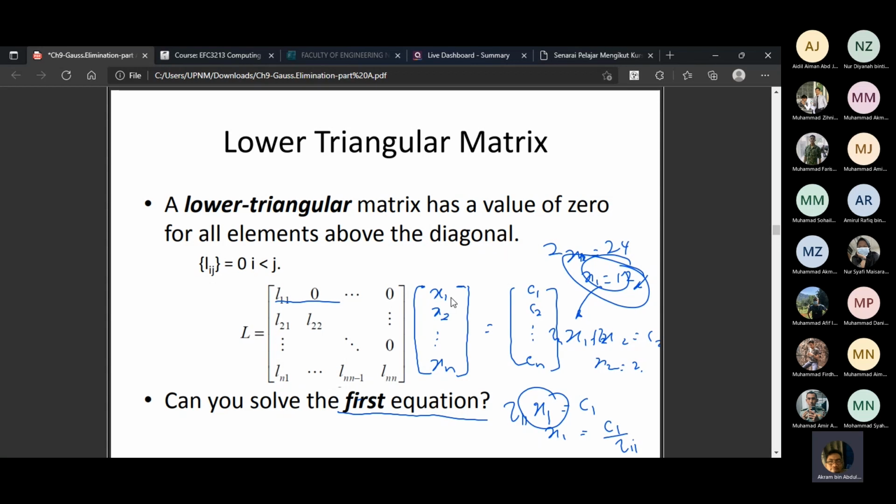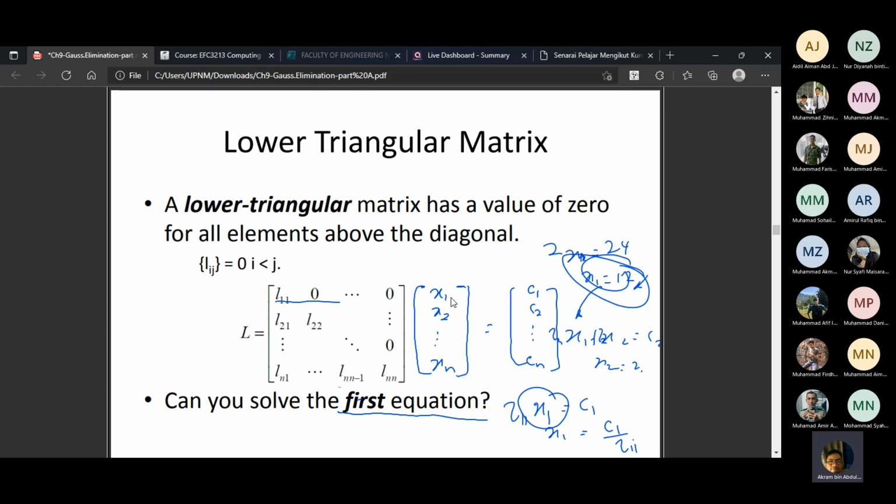So kita ada matrix, kita ada unknown vector, dan kita ada fixed term dia tadi tu. Okay. So kalau kita multiply, katakan the first row, kita potong row dengan column kan. So kalau darab L11 darab dengan X1, tambah dengan 0 darab dengan x2 sampai lah xn, semua yang lain dia akan darab dengan 0 kan. So kita akan dapat L11 x1 is equal to C1.